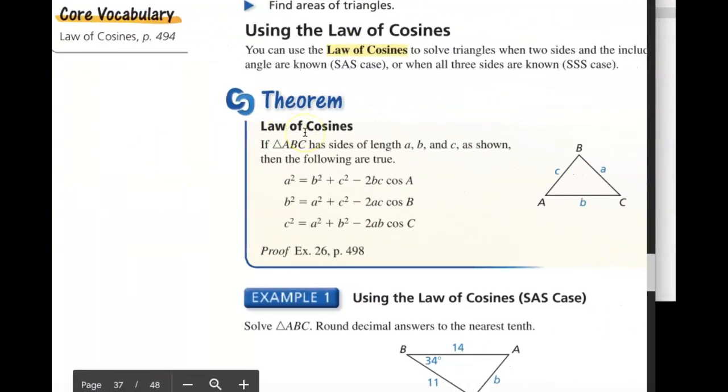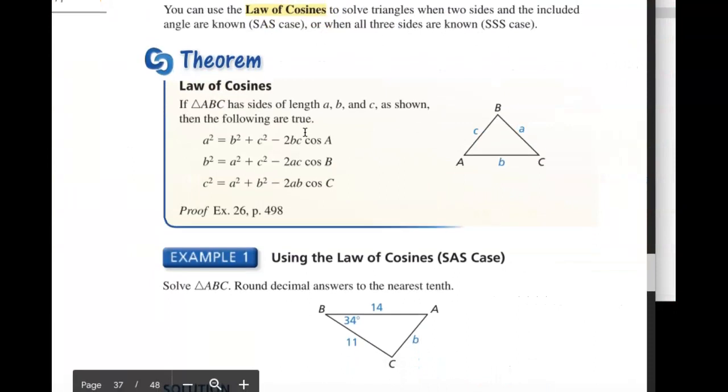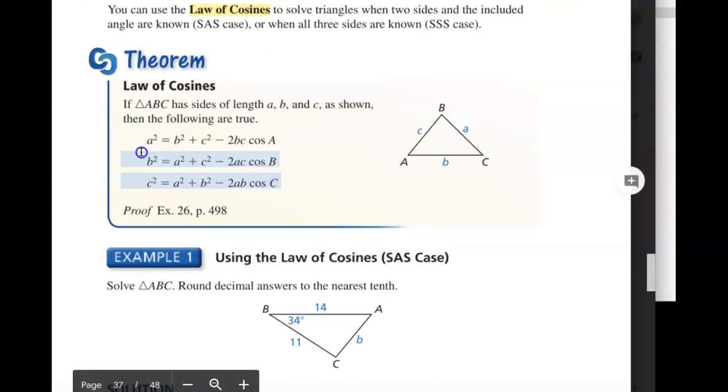And this looks similar to the law of sines in that we're given more information than we can use all at once. It also maybe looks a little bit more like the area of a triangle formulas from the last section. The idea is, depending what information we're given, we will use the appropriate one of these three equations.